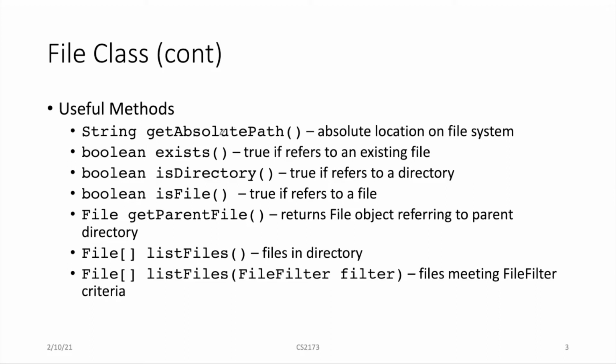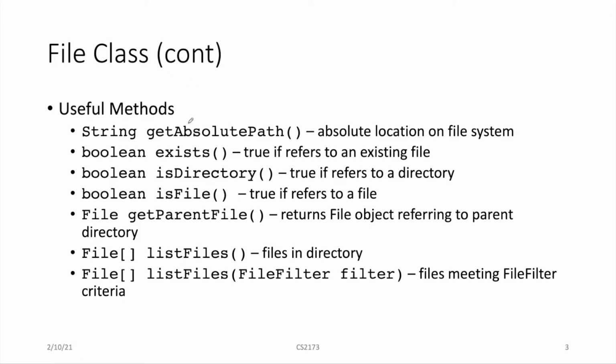In other words, I don't always have to specify the total location, which is from the root of the file system all the way down to where I am. I can start where I'm running the program and go relative to that. We'll see that when we look at an example.